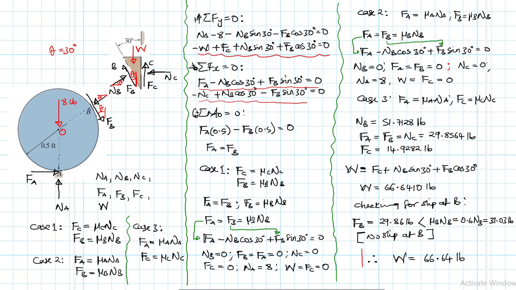So this is about it. This is the final solution. This is the largest weight that W will have without upsetting equilibrium.